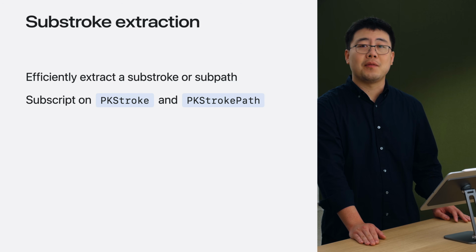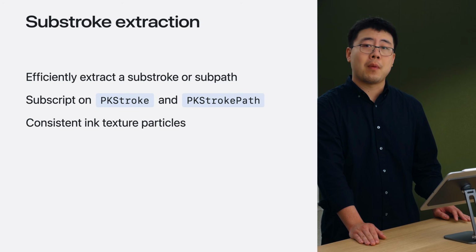This gives you precise control over exactly where a slice begins and ends. PencilKit inks have features like pencil texture particles that are positioned relative to the full stroke. When taking substrokes, PencilKit maintains the consistency of those particles.